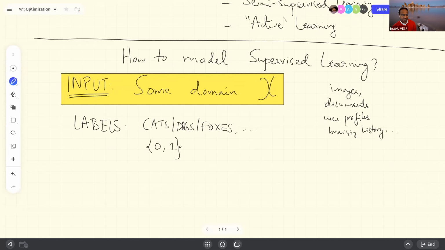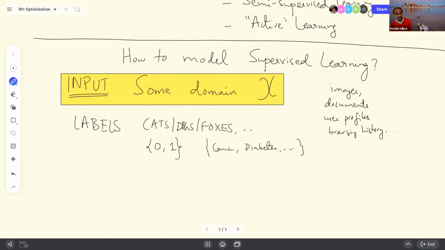Is this a good image? Is this a bad image? Is this document in English? Is this document not in English? Or something silly like that. You can also have maybe cancer, diabetes, and things like that.